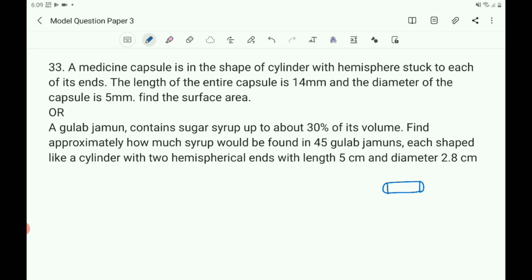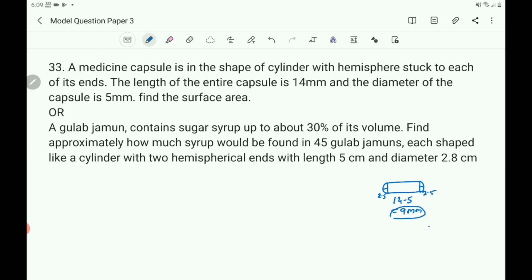The length of the entire capsule is 14 mm and the diameter of the capsule is 5 mm. Diameter is 5 means the radius becomes 2.5, and the length of the cylindrical portion is 14 minus 5, which equals 9 mm.